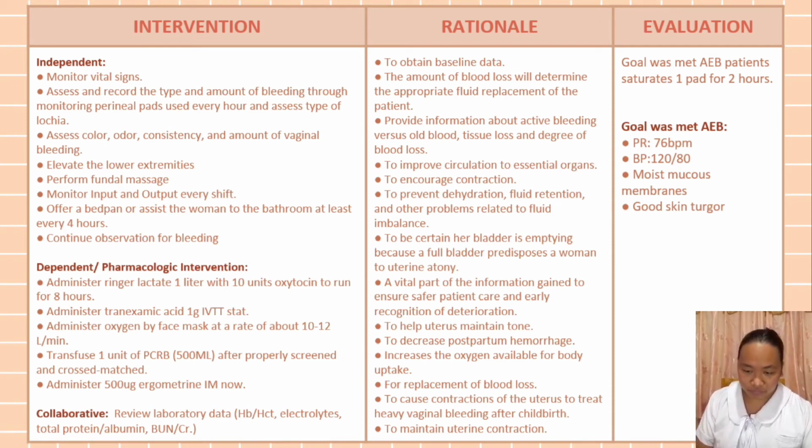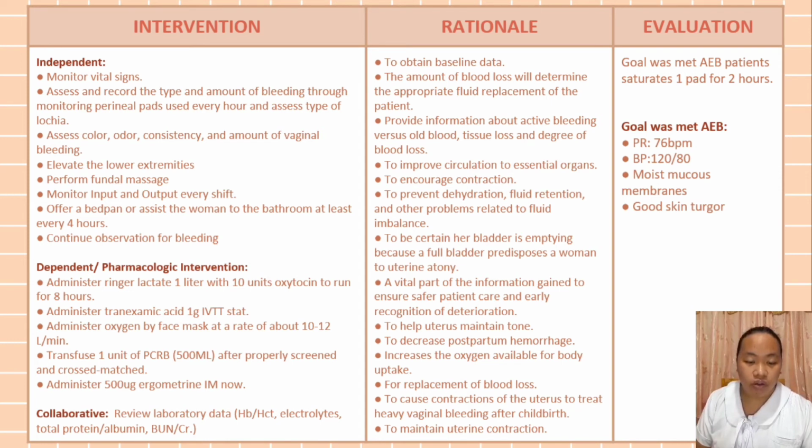Then perform fundal massage. So this is to encourage contraction so that this could stop or lessen bleeding. Then monitor input and output every shift to prevent dehydration, fluid retention, and other problems related to fluid balance.